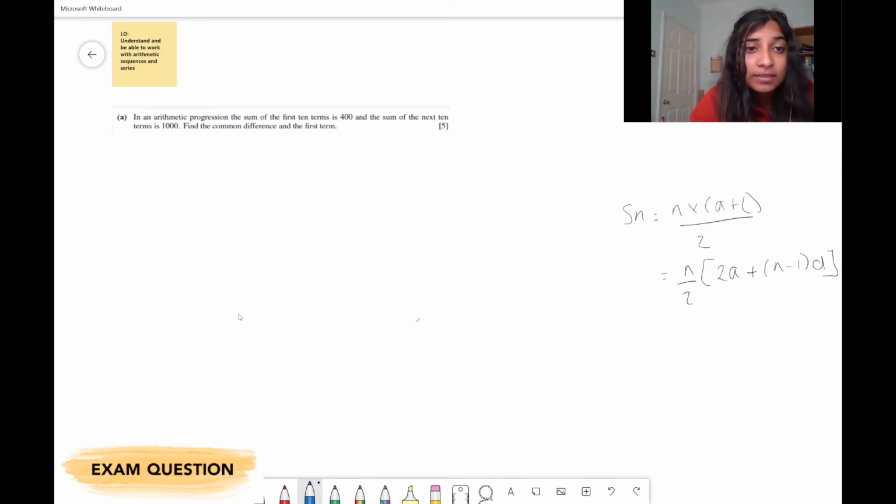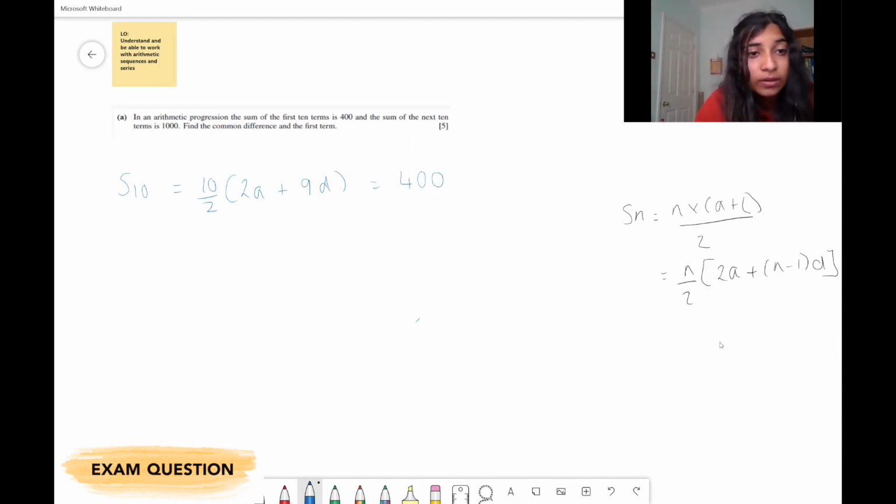So the sum of the first 10 terms is 400. So S10 is equal to, we write out what S10 is using this formula, 10 over 2, and then we have 2a plus (10 minus 1, so 9)d, and that's equal to 400.